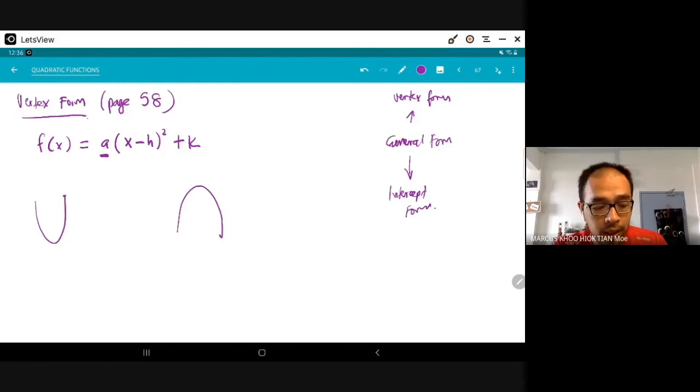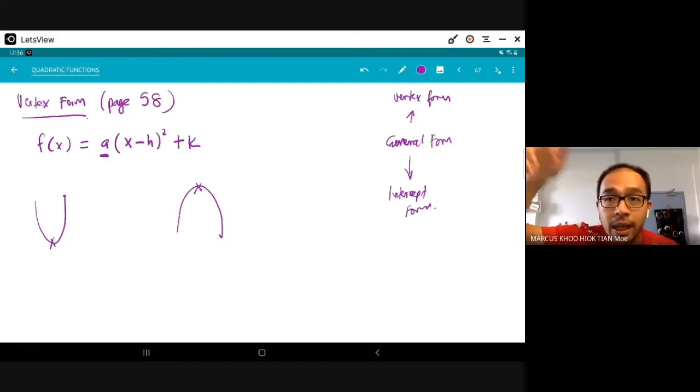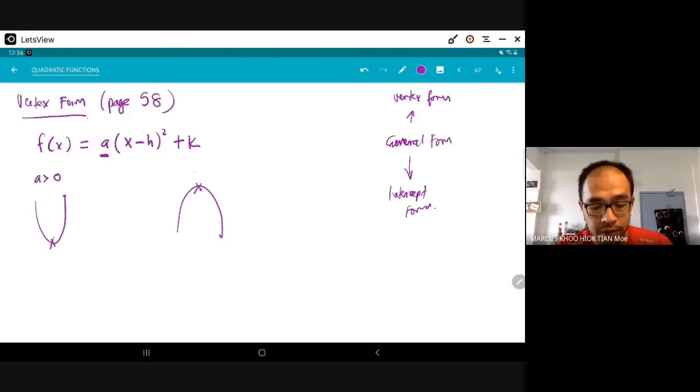Kalau dia adalah minimum graph, the vertex is a minimum point. Kalau dia adalah maximum graph, the vertex is a maximum point. So vertex is titik yang paling hujung, either paling tinggi atau paling rendah, depending on the graph. Ini adalah kalau A adalah positif, ini adalah A adalah negatif. Besides that, the vertex form also tells us the coordinates of the minimum and maximum point. In this case, the coordinates will be h and k.